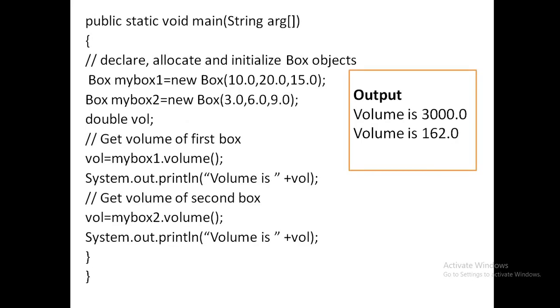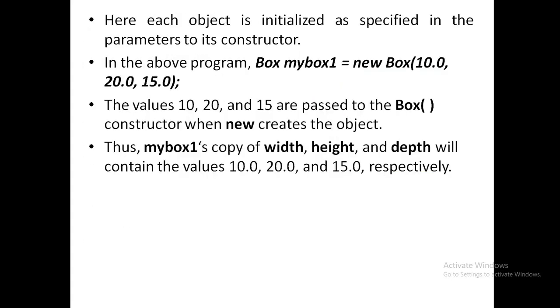And in the class BoxDemo, myBox1 and myBox2 are the two objects that are created for the class Box, and the objects call the function volume. The output is the volume of myBox1, following which the volume of myBox2 is printed, and the volumes of both the objects are different.